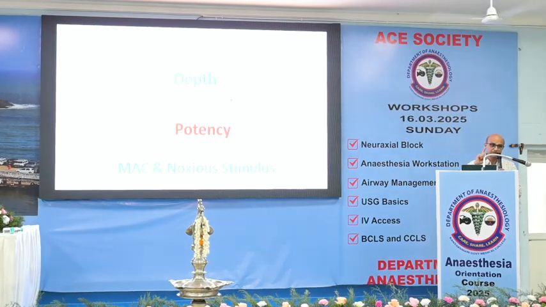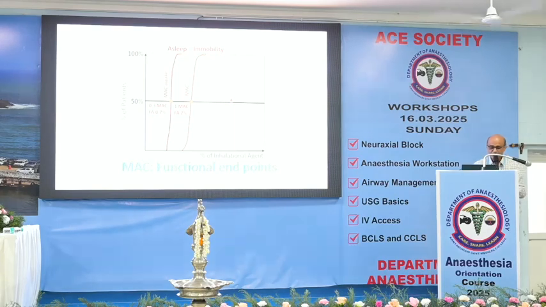So when we say 1 MAC, it is a generalized nomenclature used for all inhalational anesthetic agents, because the concentration will differ, but MAC should be constant, right? That determines the potency and depth of anesthesia.